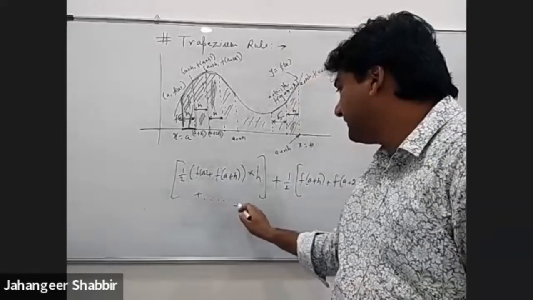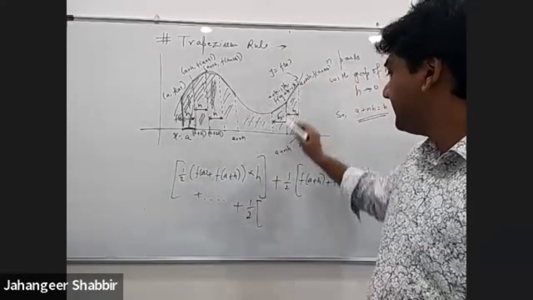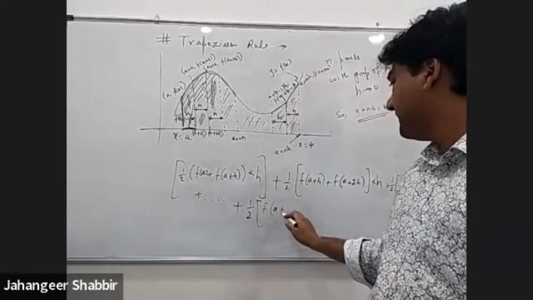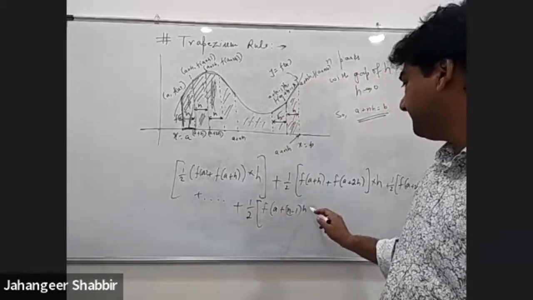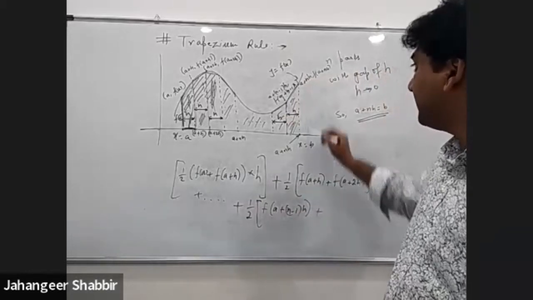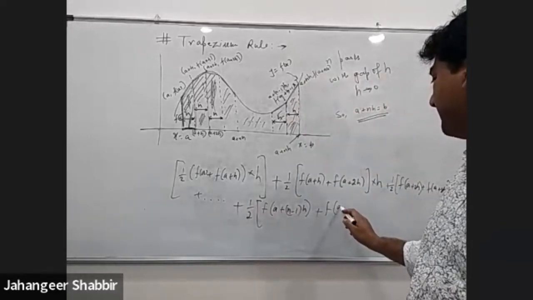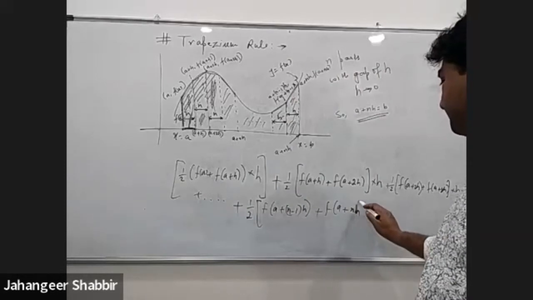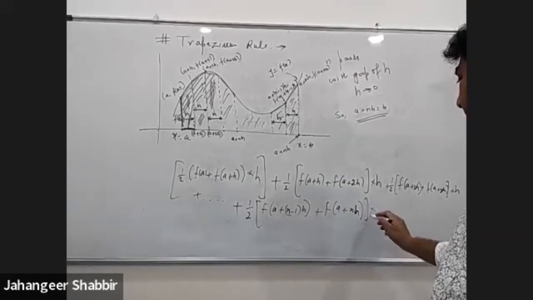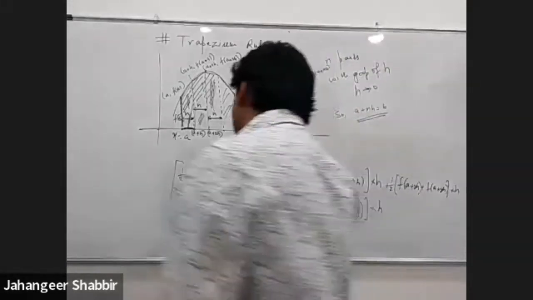So add everything and half times this length will be f of a plus n minus 1 h, plus this length will be f of a plus nh, then times height, right?